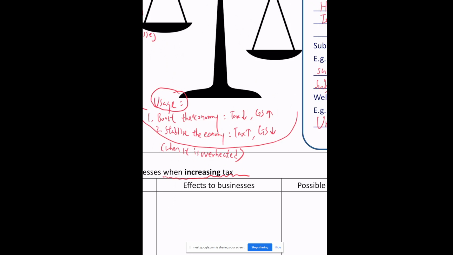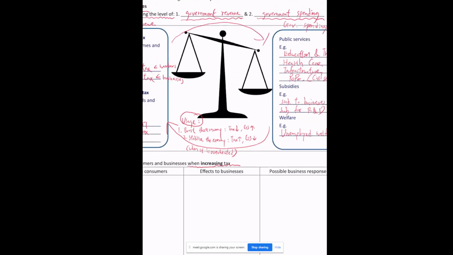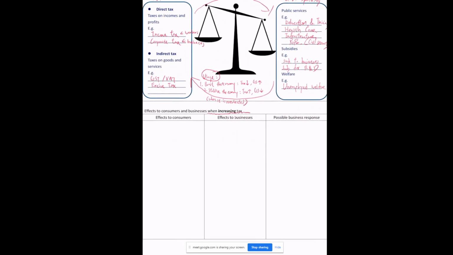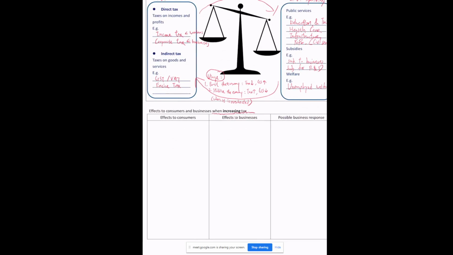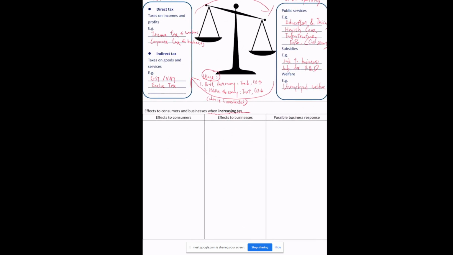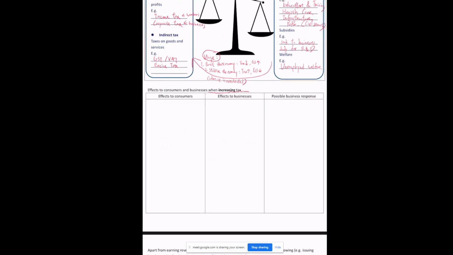So here, I have one scenario. If you can look at the second part right there. Here we have a case. Assume now the government is trying to use this policy and they are increasing taxes.